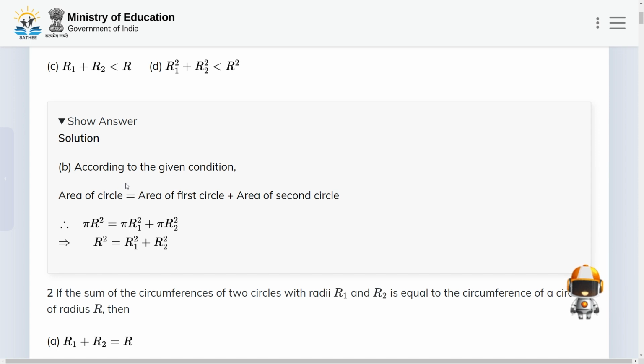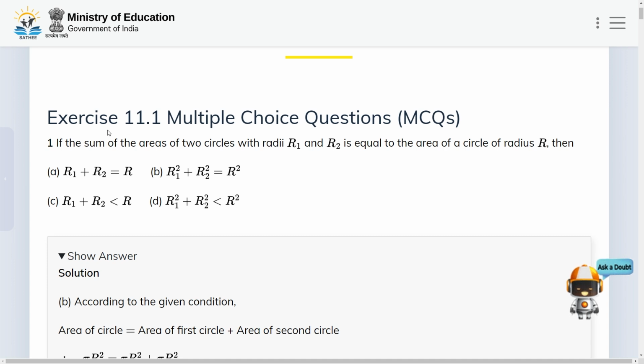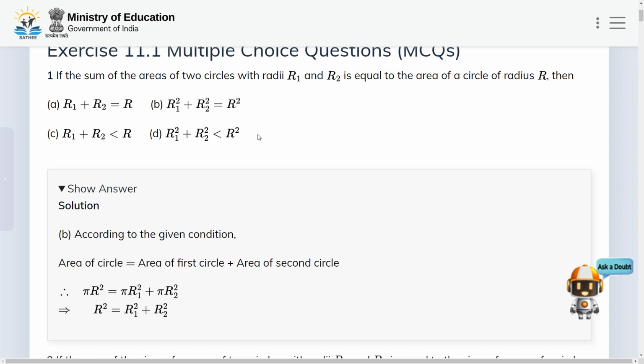According to the given condition, area of the circle is equal to the area of the first circle plus the area of the second circle. For the first circle, the radius is R1, so the area is pi R1 square, and for the second it is pi R2 square, and the area of the circle with radius R is pi R square.